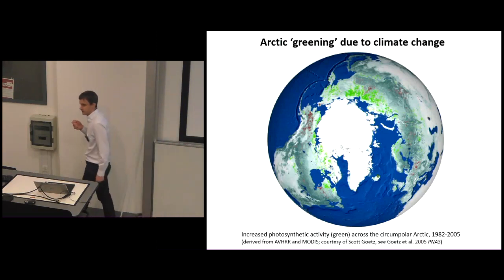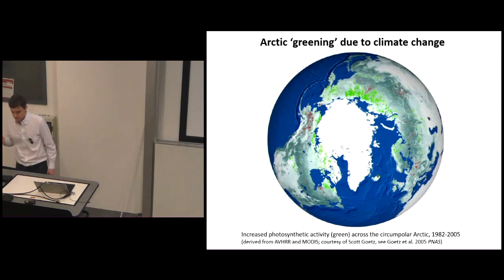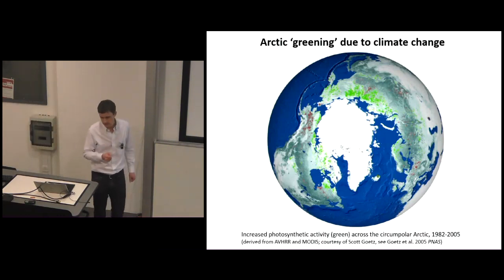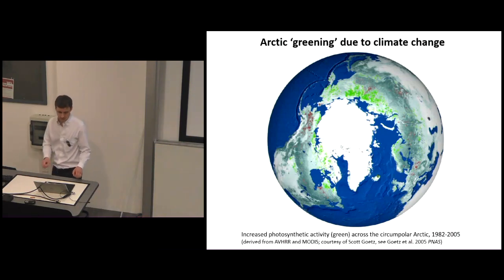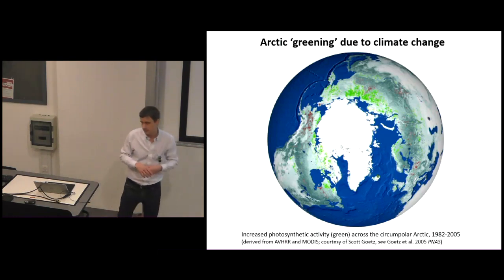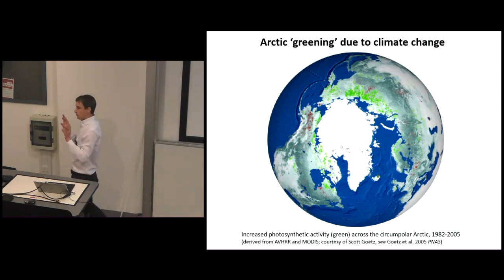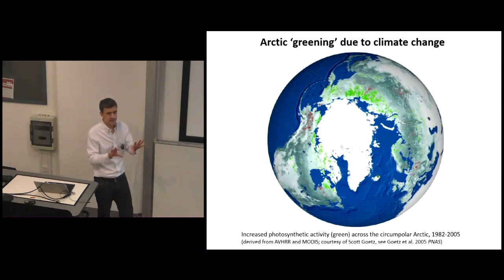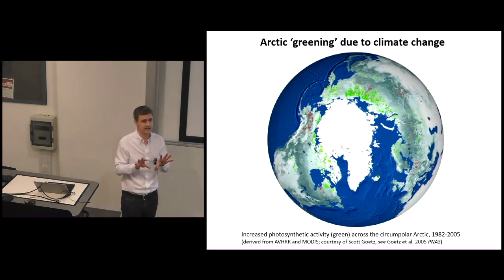This is some data from a colleague that I worked with, Scott Goetz from the Woods Hole Research Institute in the US. Looking down on the pole, it's based on remote sensing information, AVHRR and MODIS data. What you're essentially seeing there, the areas in green, are areas that over the last few decades have really increased their photosynthetic activity.